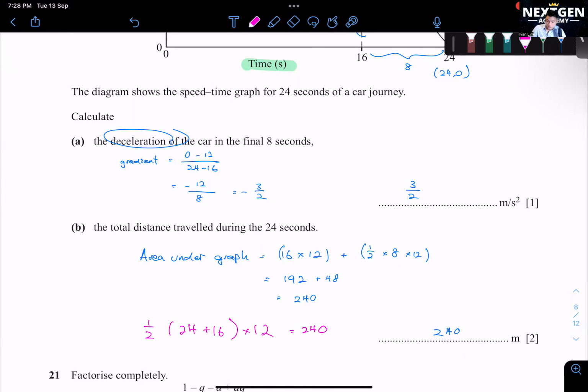Okay, all good. Anyone no idea how to do the distance time and speed time graphs? Or not clear? Anyone not clear on this? Yes, Mr. Anderson.